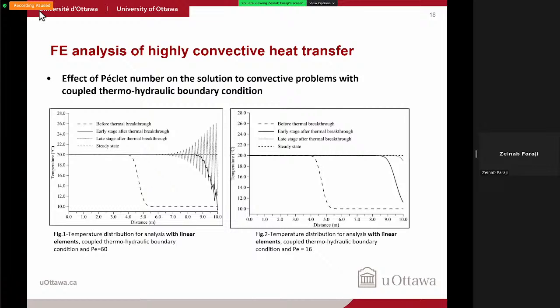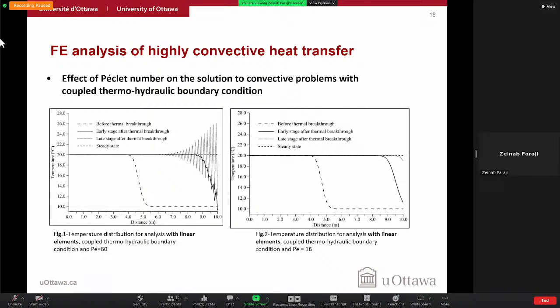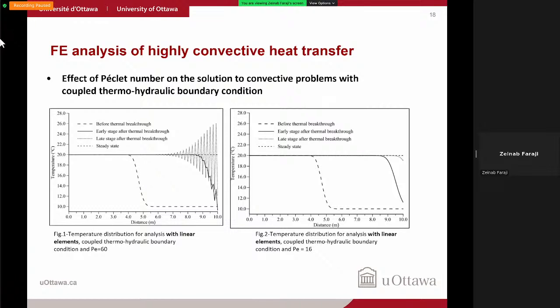The small oscillations of the nodal solution were found in the coarse mesh, and the oscillations increased in the late stage after thermal breakthrough, and finally reduced, reaching a steady state with a constant uniform temperature of 20 degrees centigrade.